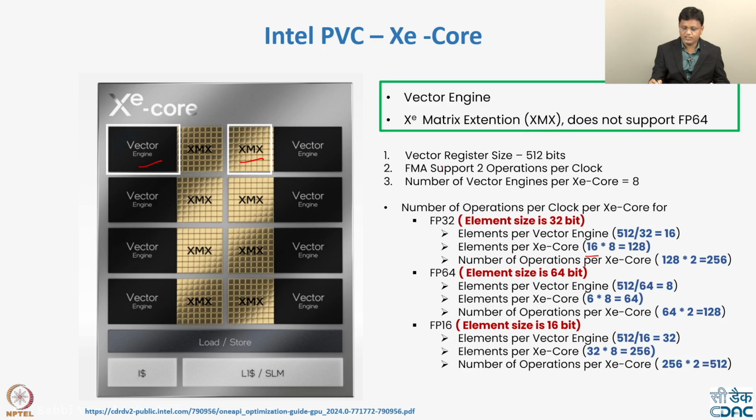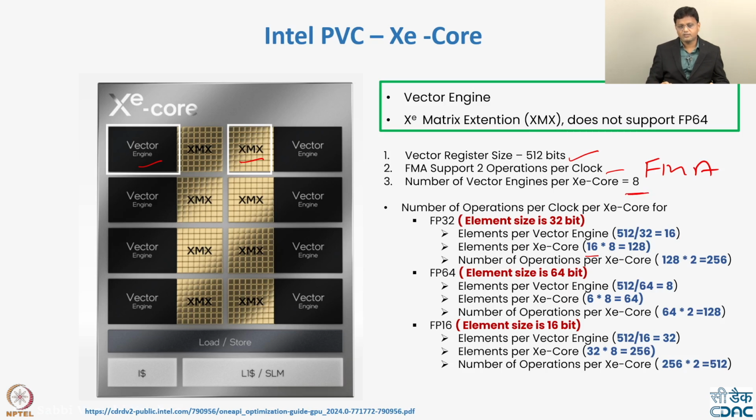Each vector engine has vector registers, and each vector register size is 512 bits. It also supports 2 operations per clock cycle with the help of the FMA, fused multiply and addition unit. The total number of vector engines present in an XC core is 8.